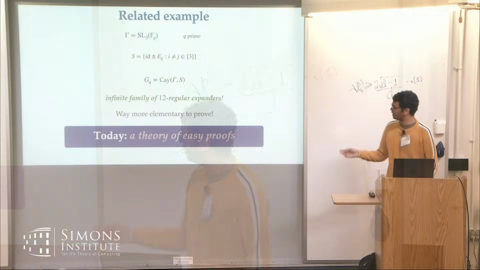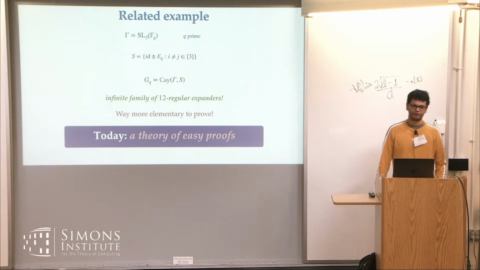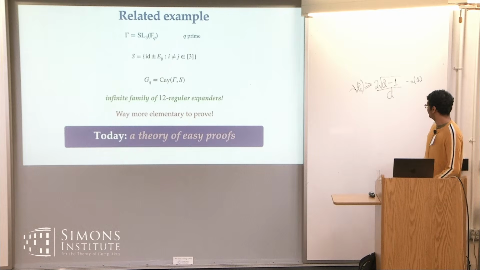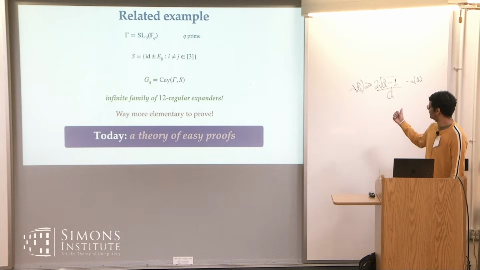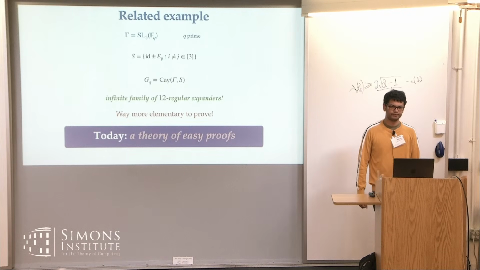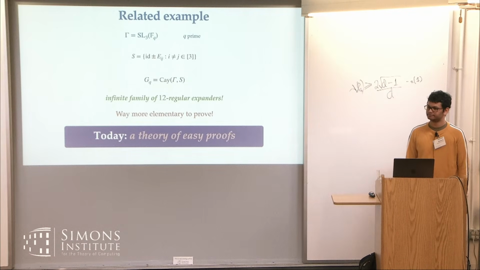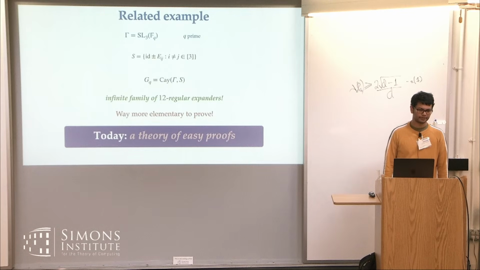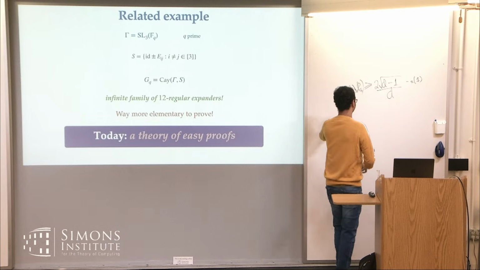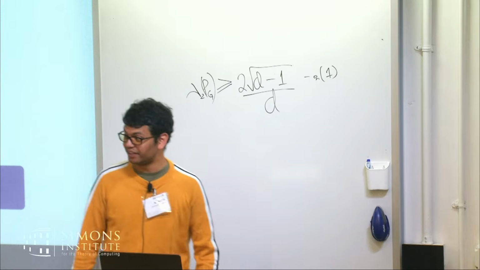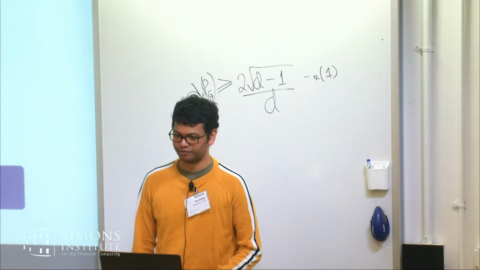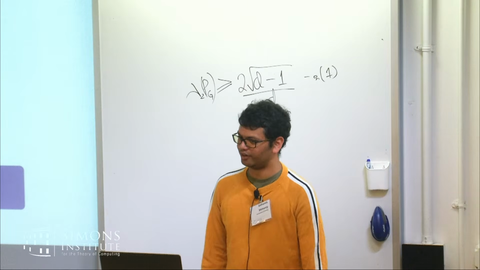In general, the kinds of proofs we know only show some constant gap away from 1 for the transition matrix. And optimal would mean the second eigenvalue is at most this quantity. And such graphs are known to exist both via explicit constructions and also random graphs.